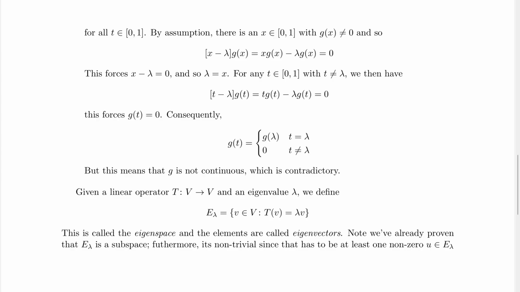So you have a non-trivial subspace here, and so you know it's got to have at least dimension 1, and computing the dimension of this thing is something that is very interesting. For matrices, the dimension of this thing is called the geometric multiplicity of the eigenvalue lambda, and we'll talk more about that next time. But something I want to prove about the eigenspace, this will be our proof for the day, is the following.